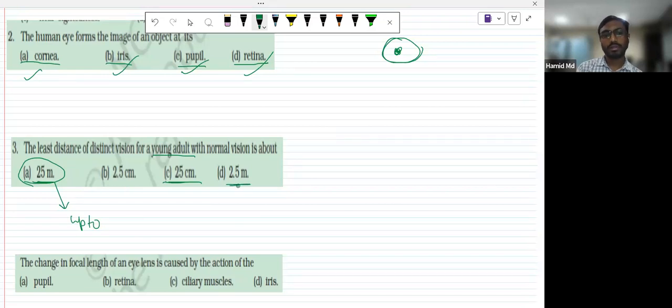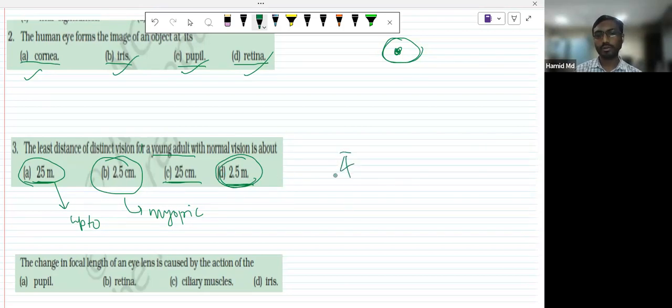Seeing objects at the order of meters is also an example of hypermetropia. What about this one? This is myopic, centimeters. So we only have to focus on this 25 centimeter, but we must know the other examples and options. In this way, in one question, we can handle four questions. Got my point?